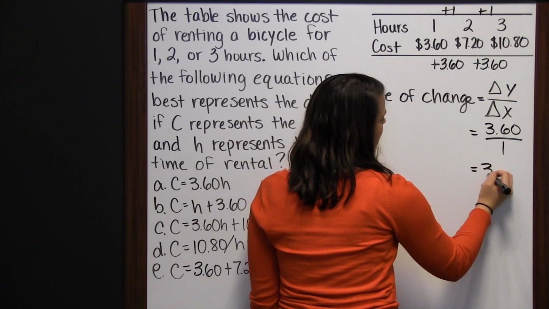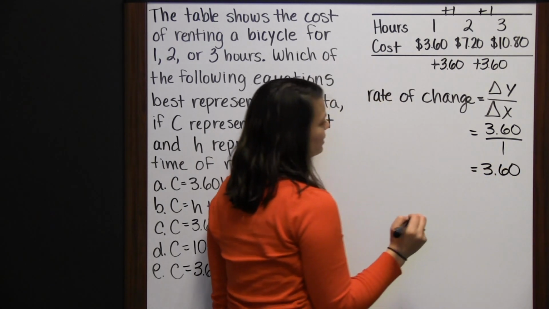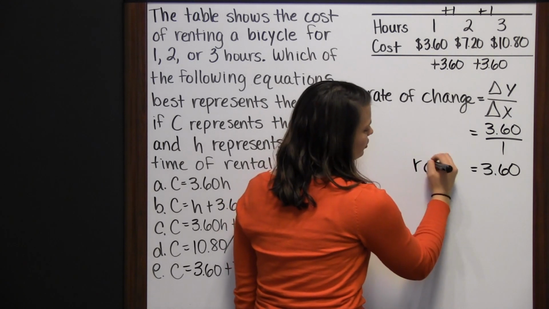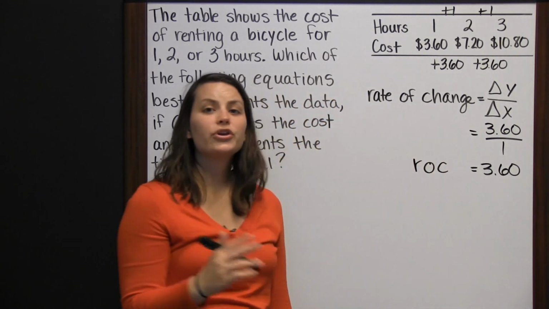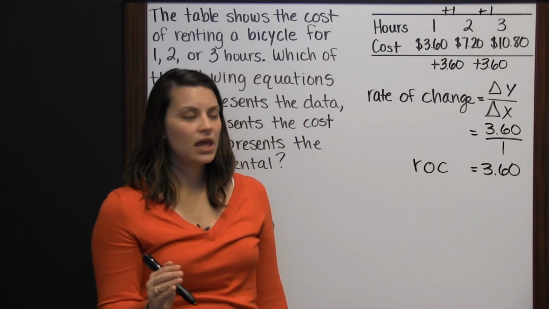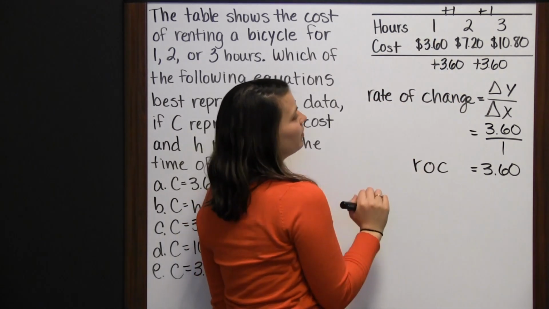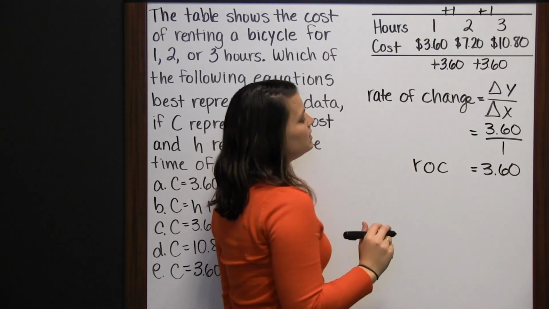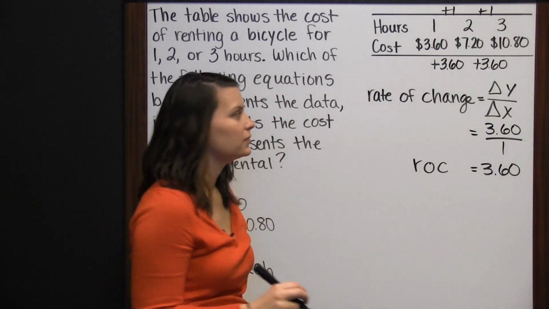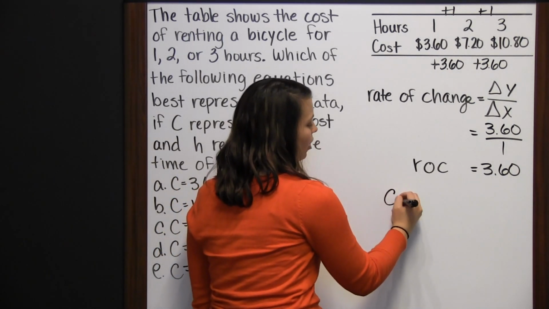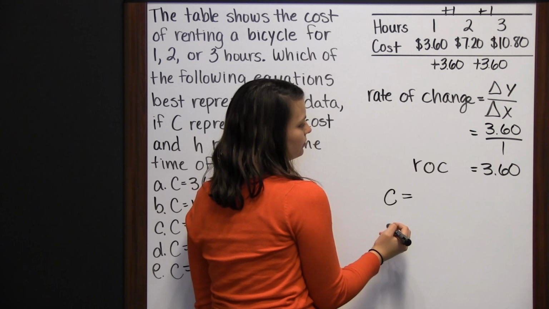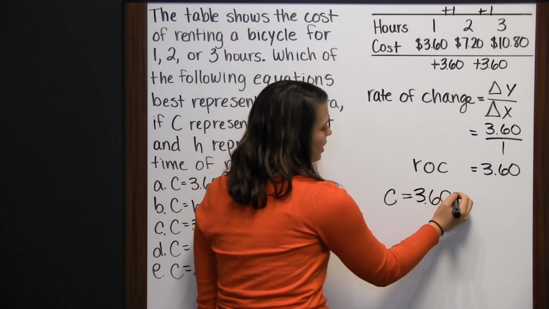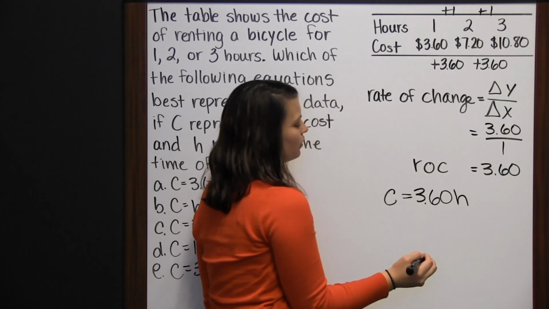So our rate of change is simply $3.60. And that rate of change is what you're multiplying the independent variable by to get the dependent variable. So I've now found that the cost is equal to $3.60 times my independent variable of H.